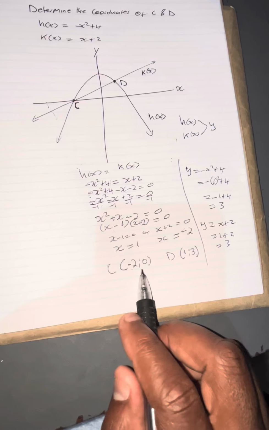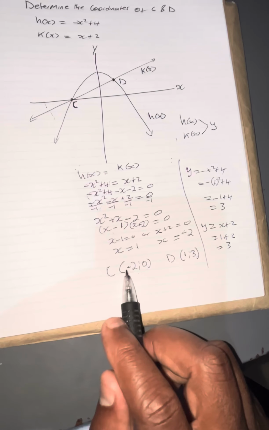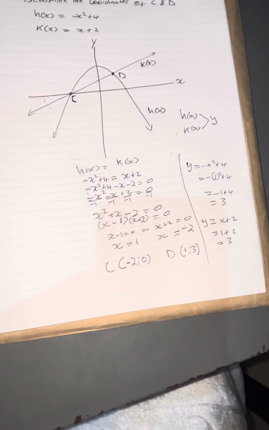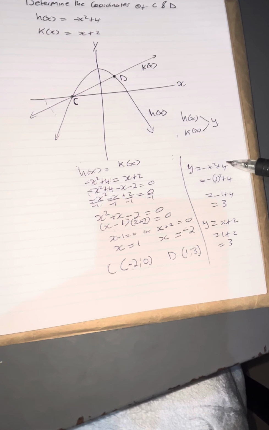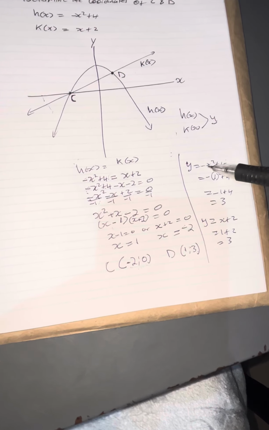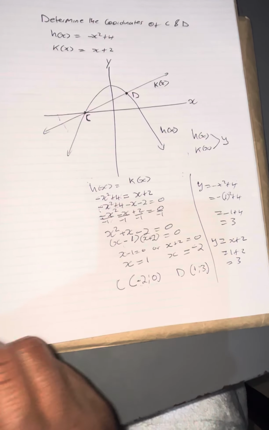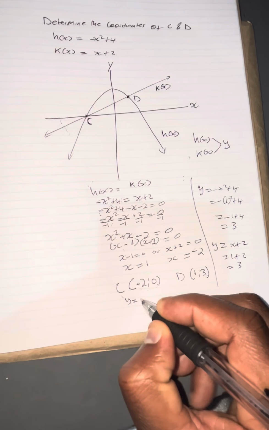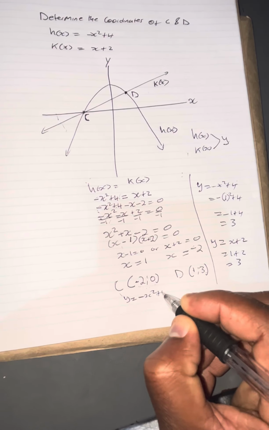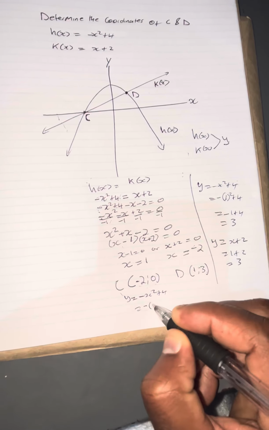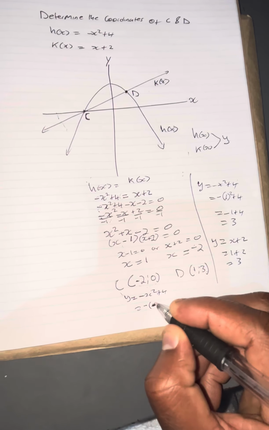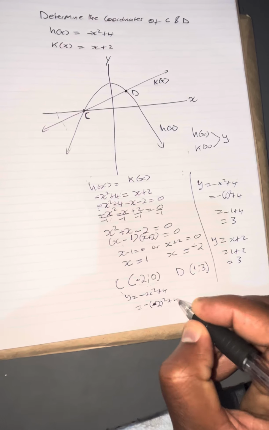So if you want to verify this one, the 0 here, you replace x by negative 2 in this equation or in this equation. So let's check. y is equal to negative x squared plus 4. So you replace x by negative 2 squared plus 4.